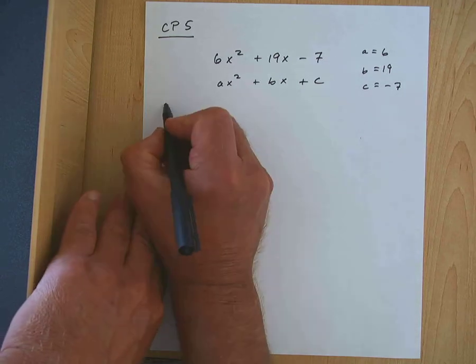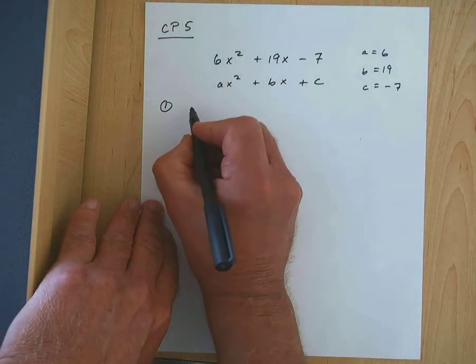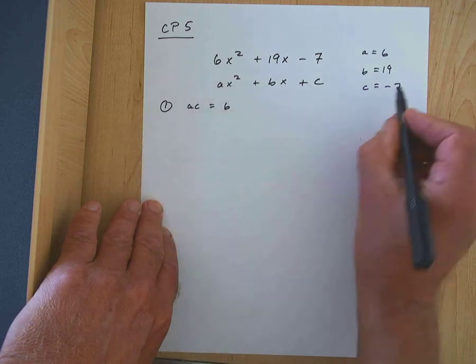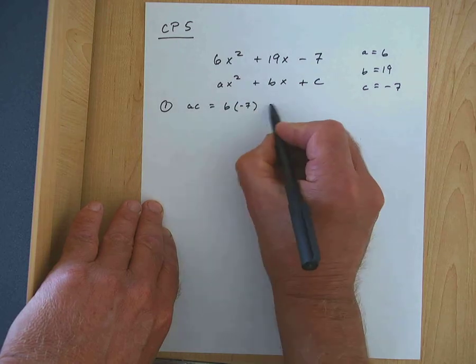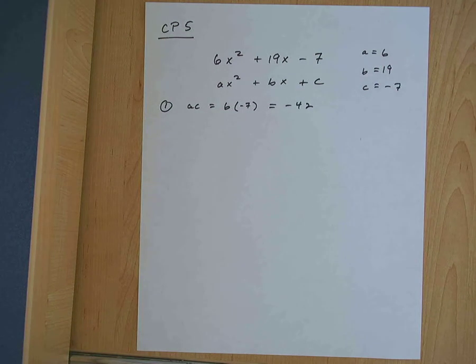Okay, so the first step is to find the product of a and c. So a is 6, c is -7. You multiply those two and you get -42. And it's important that you keep track of the sign. This is -42. Don't just take 42. Use the negative.